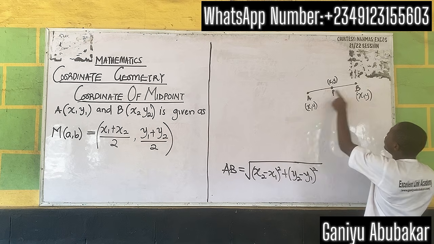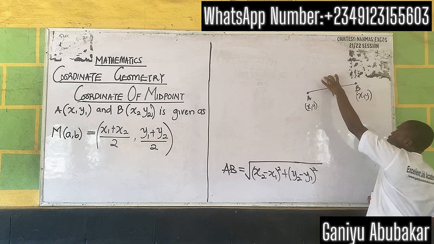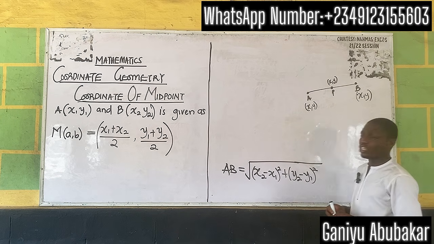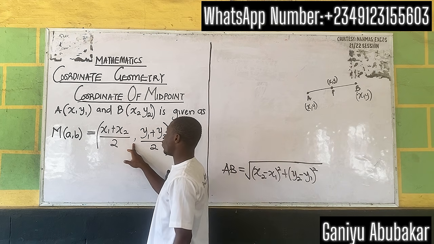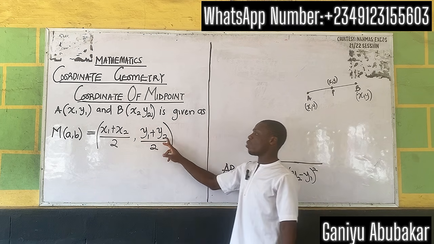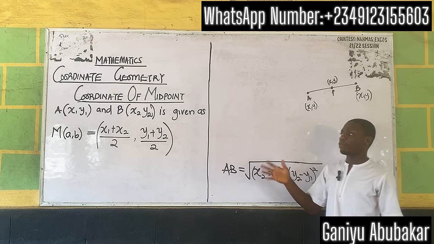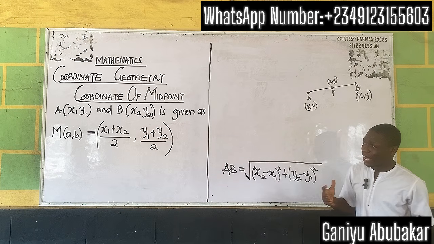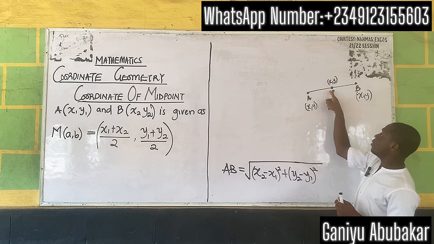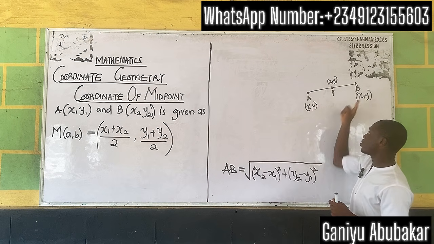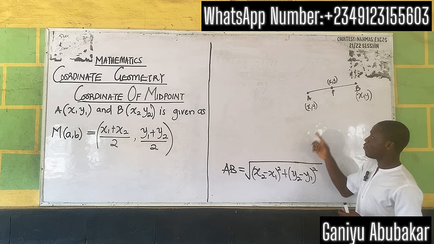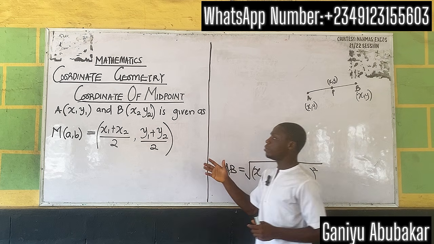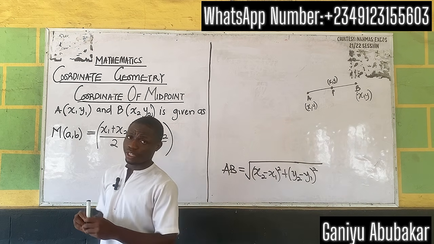Now, to find the midpoint, the middle coordinate, the formula we're using is x1 plus x2 over 2, comma, y1 plus y2 over 2. This is the formula you can apply to get the midpoint of a straight line. So this is the formula used to find the midpoint of a coordinate.